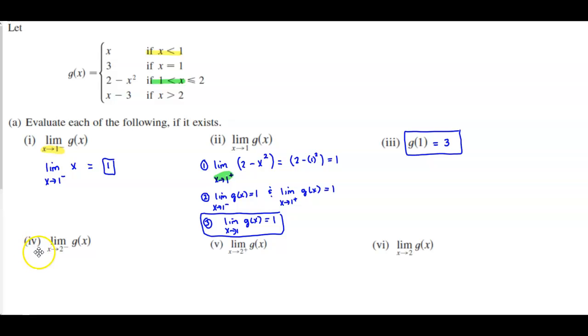Okay, in part 4, it's asking us, find the limit of the function g of x when x is approaching 2 from the left. So we need to look at the scenario when it's approaching 2 from the left. That's x is less than or equal to 2, so that means we need to use 2 minus x squared.